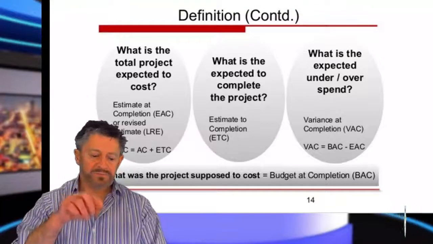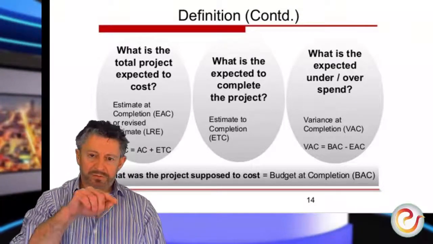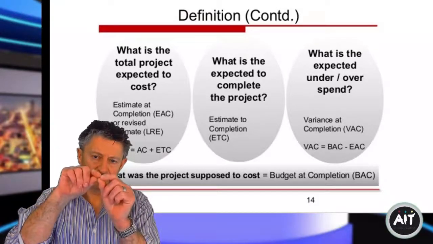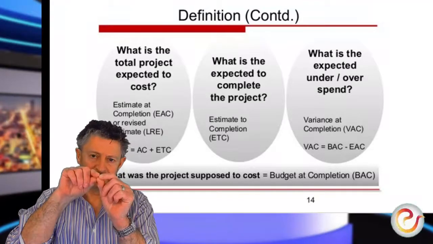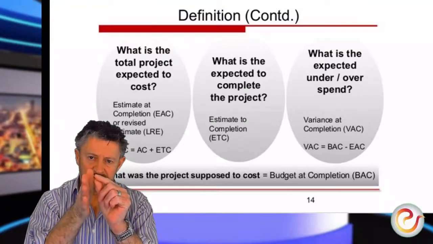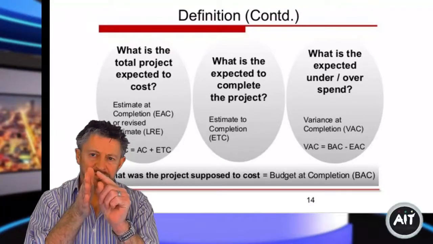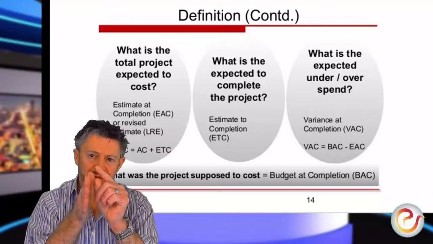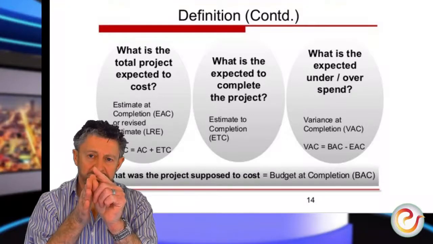So if we have slightly overspent our budget in 6 weeks, let's say we've spent 33,000 euros, and we planned to have only spent 30,000 euros.